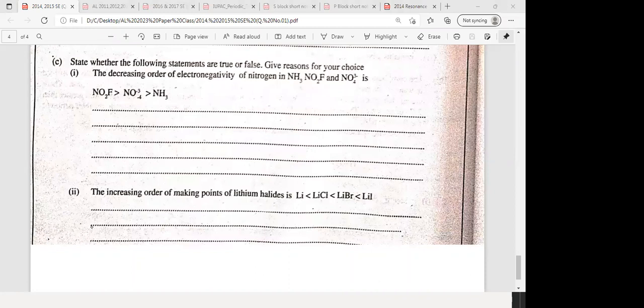Decreasing order of electronegativity: ammonia, then NO2F, and then NO4 3 minus. So first you have to mention whether it's true or false, plus you have to give the reason. If it is true, give the reason why. If it is false, then give reasons for your choice.